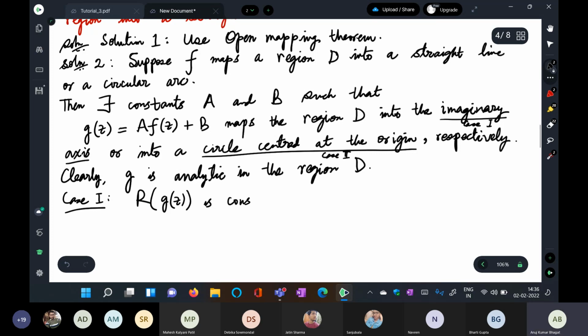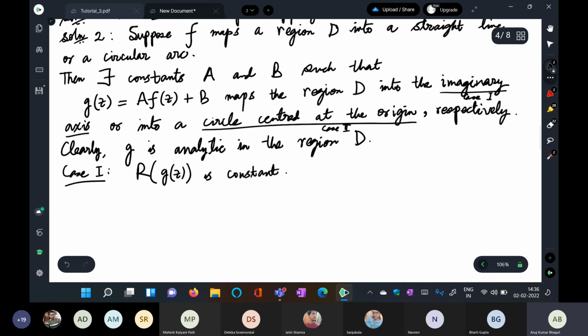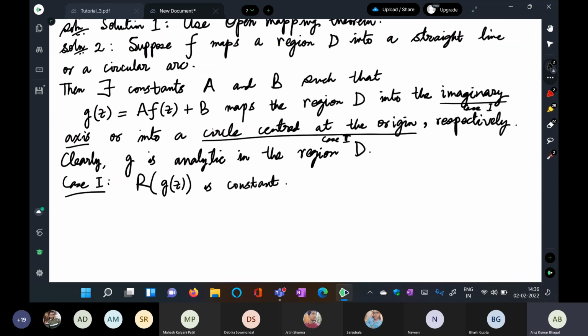Who can explain me this line which I have written? For the first case, why is the real part of this map g(z) a constant? Can somebody explain why the real part of this map g(z) is constant when the image is the whole imaginary axis?